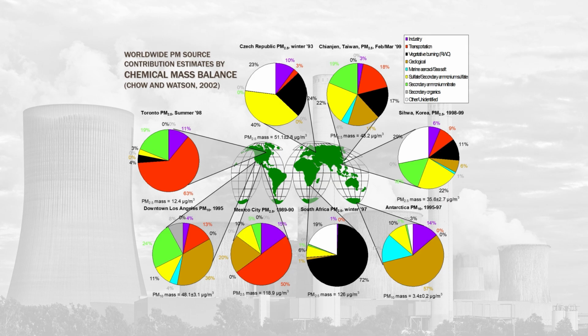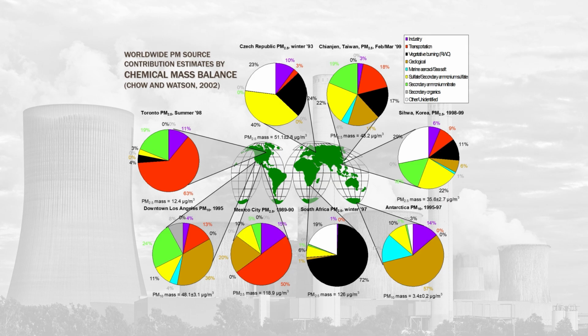For example, in Asia, 40 percent of the sulfate is secondary ammonium sulfate from the PM, only 3 percent is from transportation, and 10 percent of the PM 2.5 mass is from industry. So this chemical mass balance model can predict the source concentrations like this.